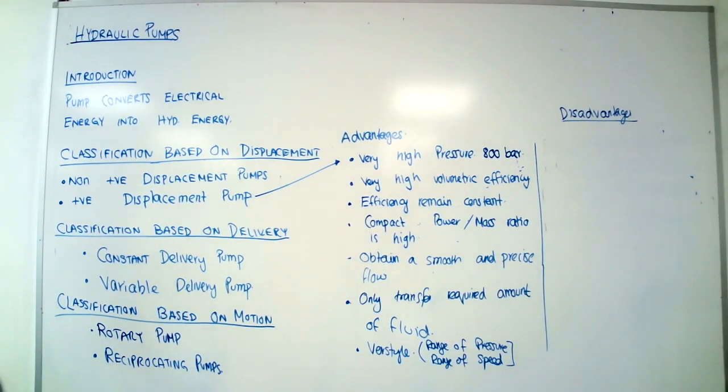So these are two different based on the delivery. Then we got the classification based on the motion. Positive displacement, we done the positive displacement, we done the non-positive displacement. We got the rotary pump and reciprocating pumps.